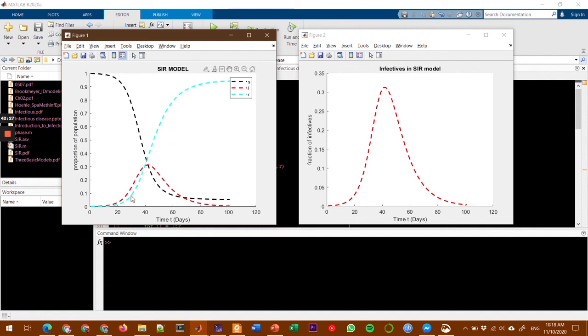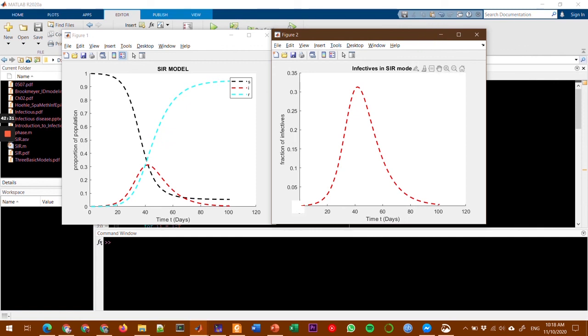And take a look at the infected, the infectives in the SEIR model. It peaks around 50 days from its inception, with more or less 30% of the population becoming infected with that disease. And later on, it will die out.